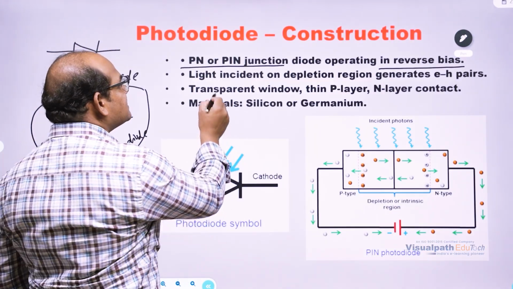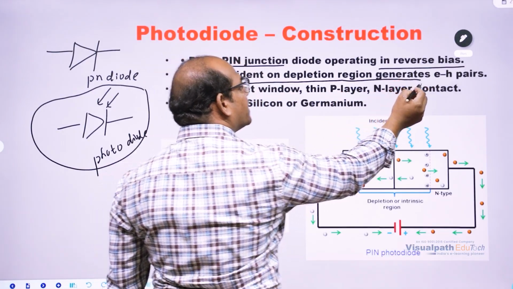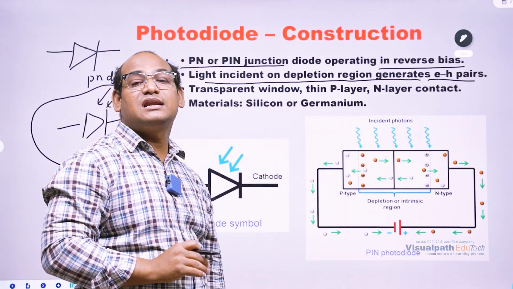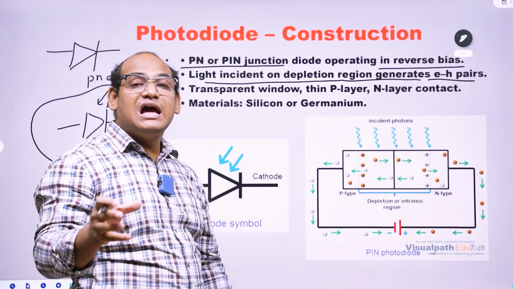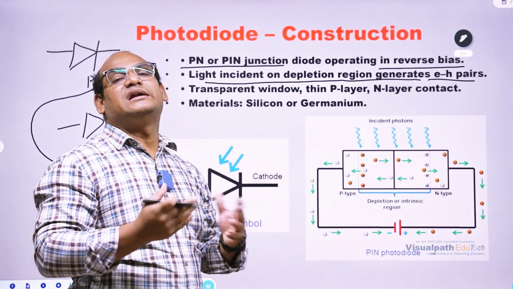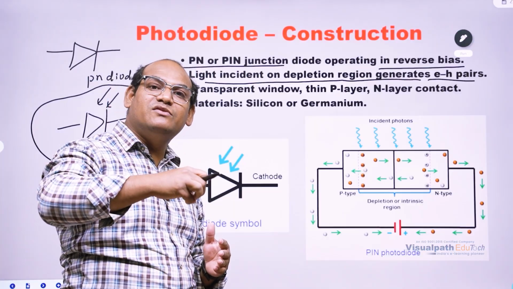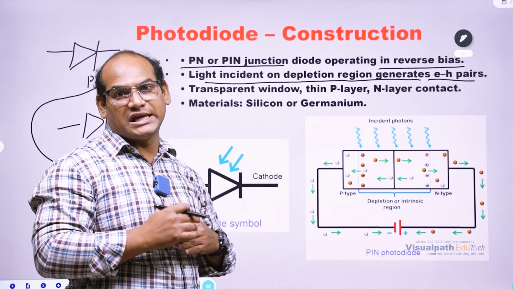Next, when light is incident on the depletion region, it generates EH pairs. What is the meaning of this? I already told in the beginning, if you take an LED, that means a light emitting diode, when you operate it in the forward bias, light is coming out of the structure of the diode.